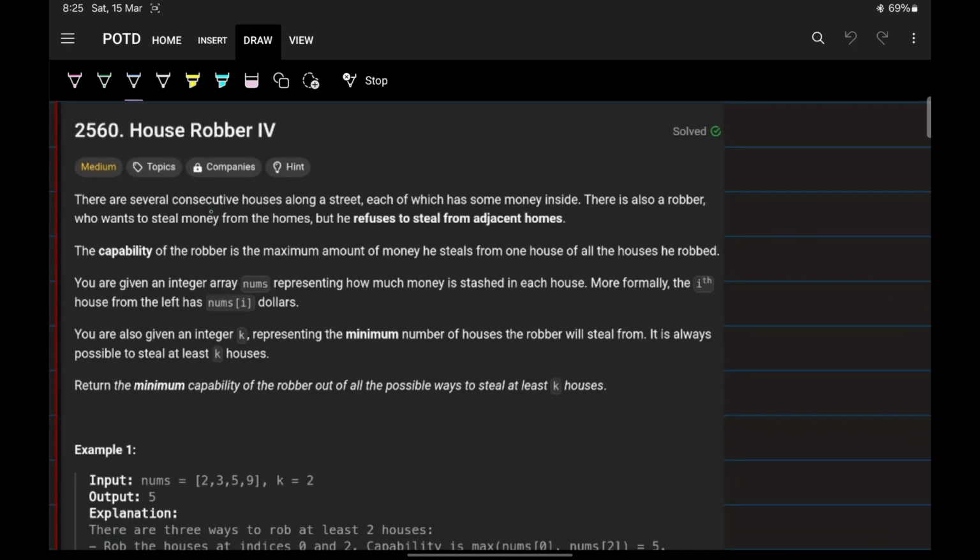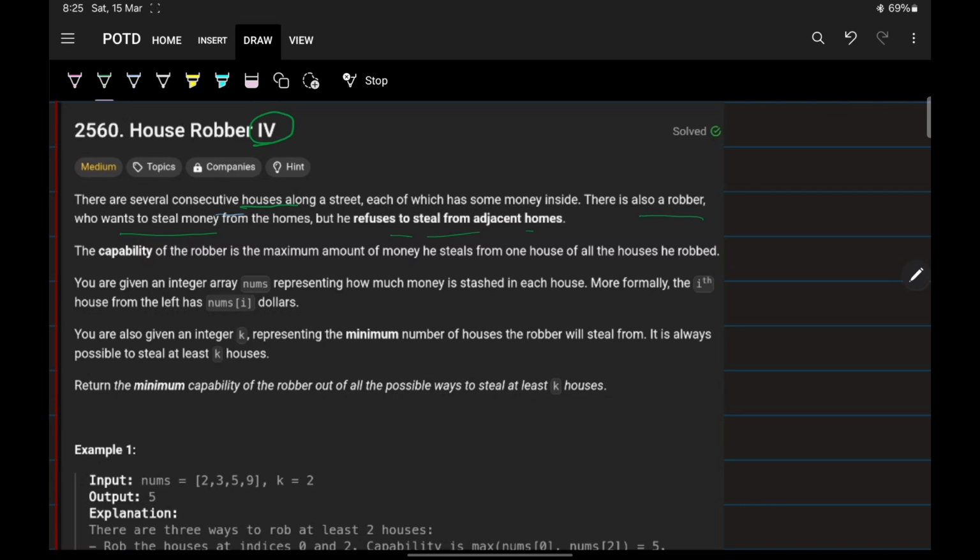There are several consecutive houses along a street, each of which has some money inside, and this is the fourth problem in the House Robber hierarchy. We have seen three similar problems, but each is solved with a different approach. There is also a robber, a thief, who wants to steal money from the homes but refuses to steal from adjacent homes.